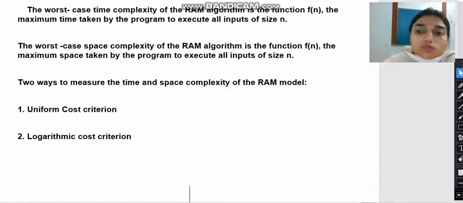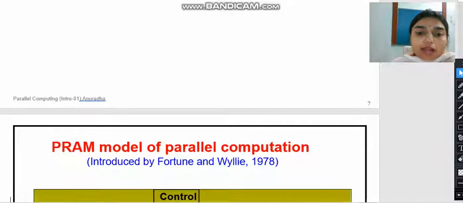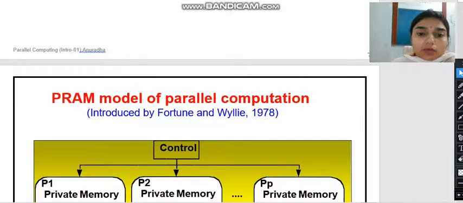Now let's come to the parallel model, also known as the PRAM model of parallel computation.